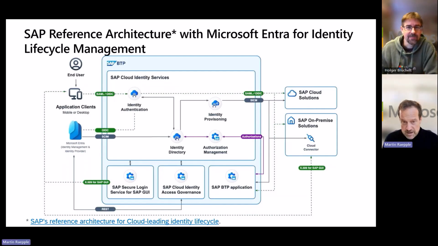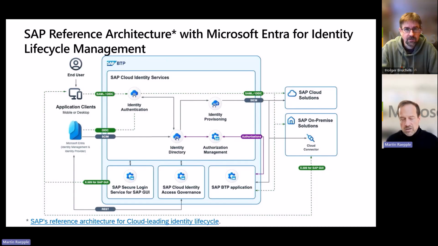Both of these scenarios, part 1 and part 2 of the blog series, and hopefully in the near future also following parts, all center around our joint SAP and Microsoft reference architecture for using Microsoft Entra for identity and lifecycle management in SAP scenarios.